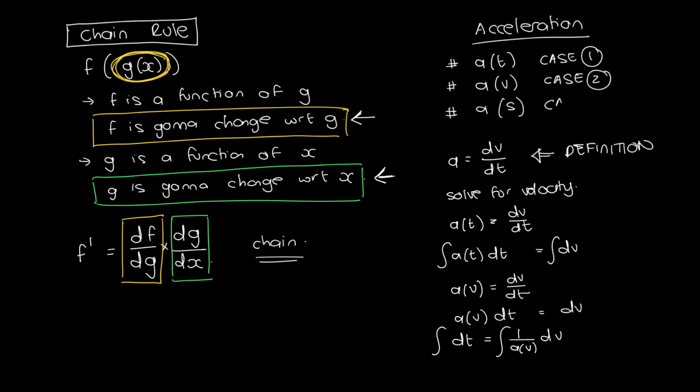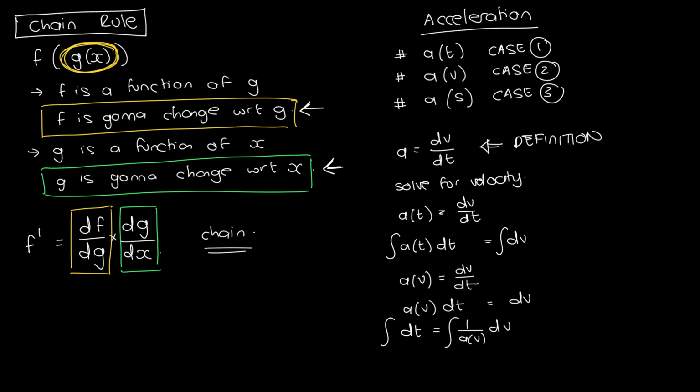Case 3 is where it gets a bit fun. We need more space for this, so let's move everything across. We're going to have a(s) equal to dv dt. At this moment, you'll notice you have an s sitting in front there, and that s doesn't connect to either the v or the t.